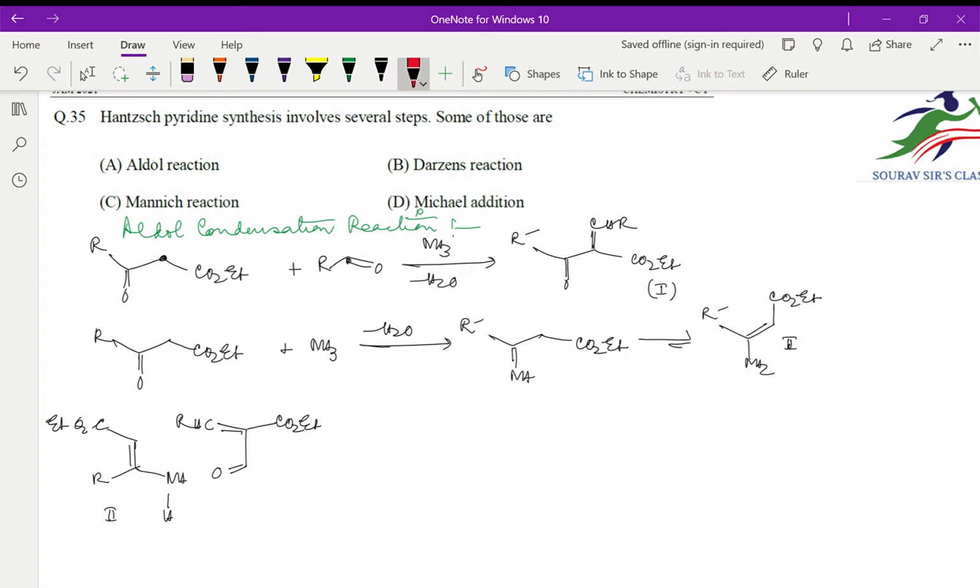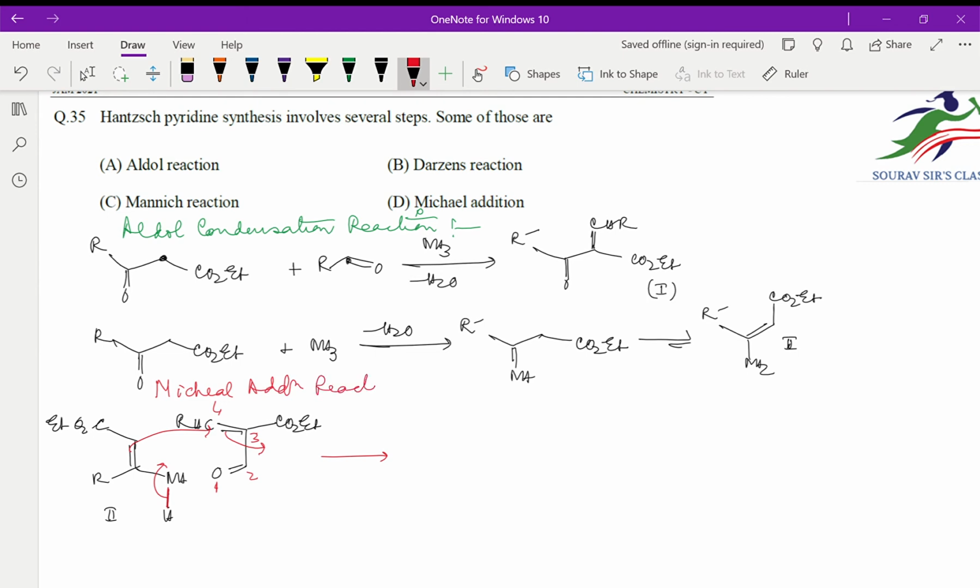Now think of doing a Michael type addition reaction wherein that proton is lost over here, making a C double bond N, and this is going to attack over here. So this is one position, two, and this is three, and this is four. So obviously this is undergoing a 1,4 addition reaction, and so we will say this is undergoing a Michael addition reaction.